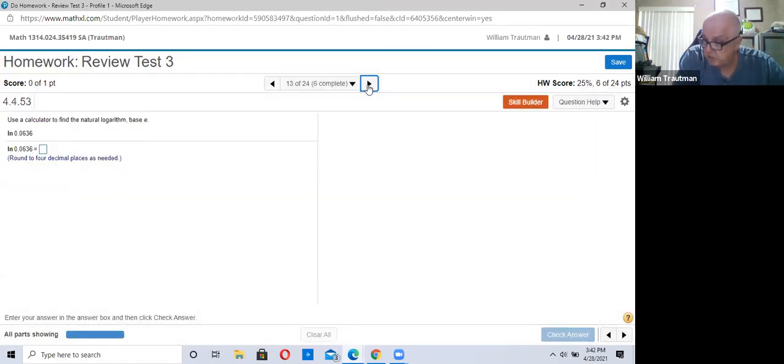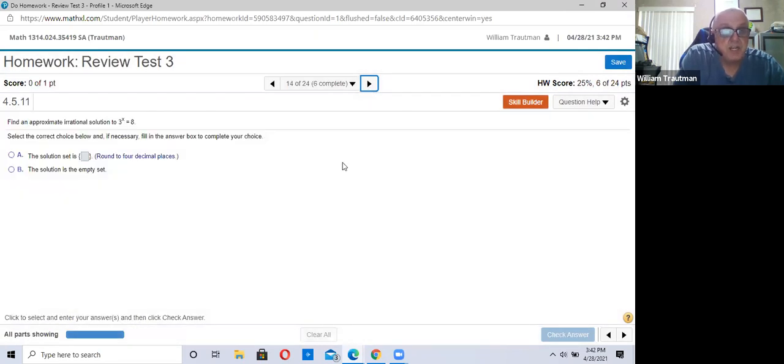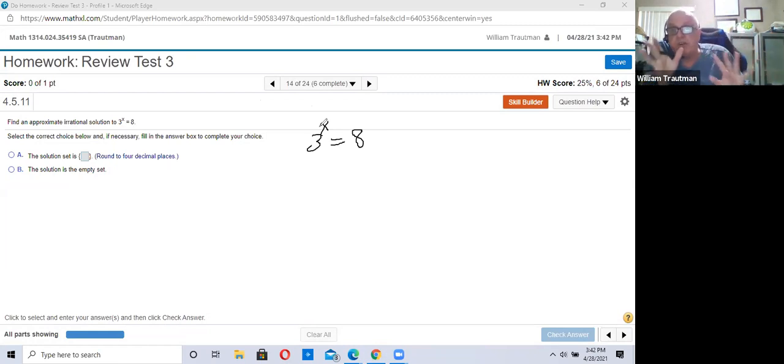We are going to question 14 next. Find the approximate irrational solution to this. Okay, so number 14 on the test is worded a little different. Remember, this is section 4.5.